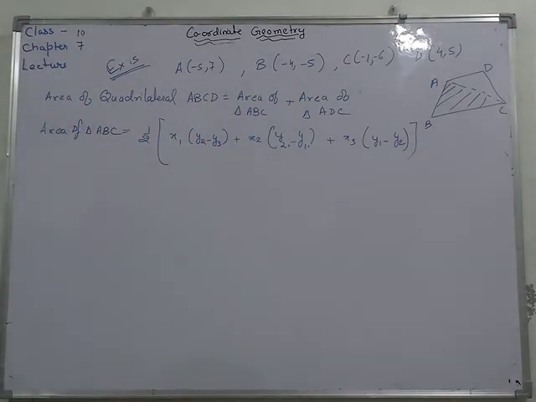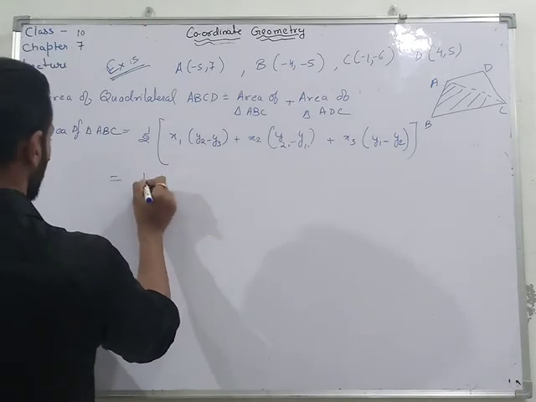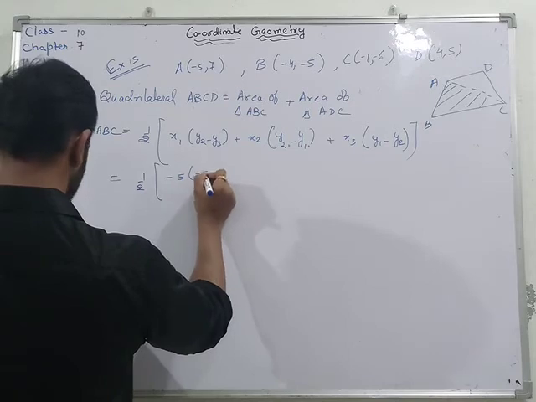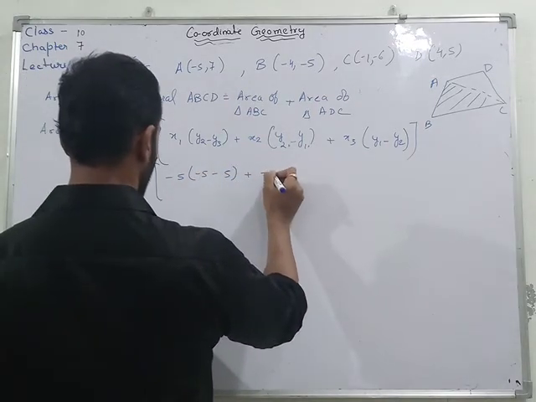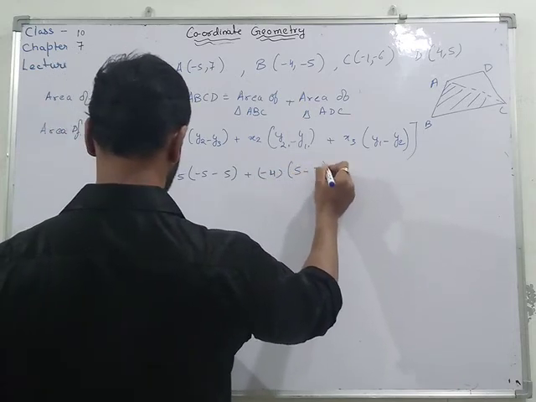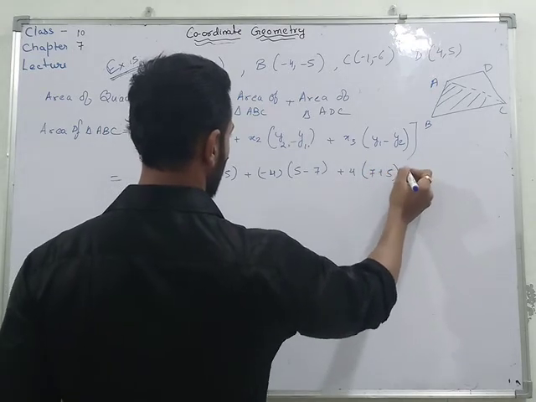Substituting the values, 1 by 2, minus 5 (minus 5 minus 6) plus minus 4 (6 minus 7) plus 4 (7 plus 5).